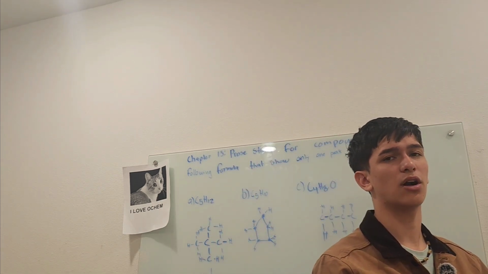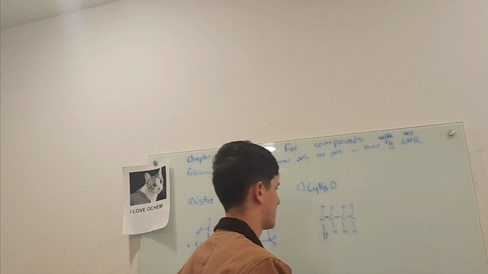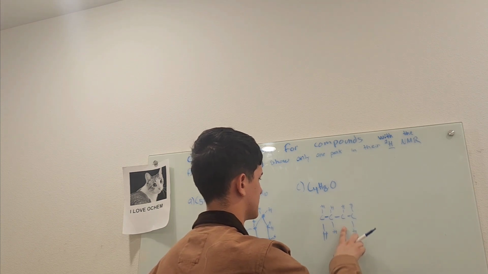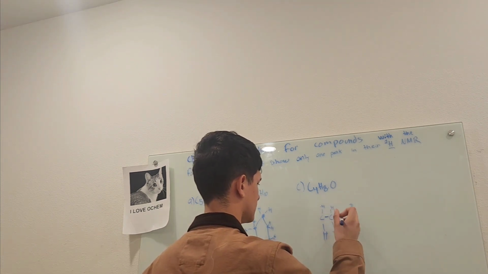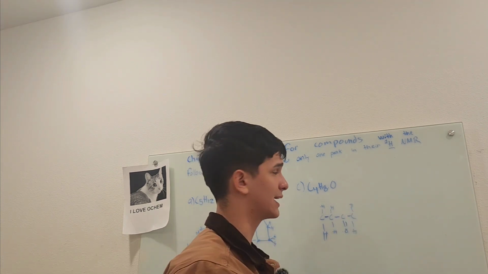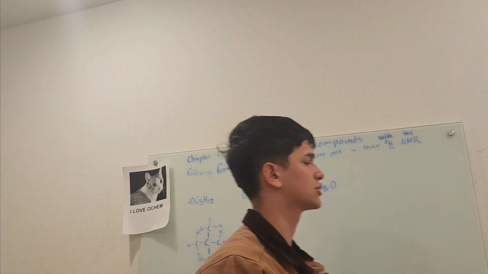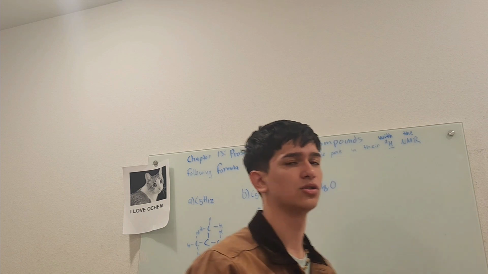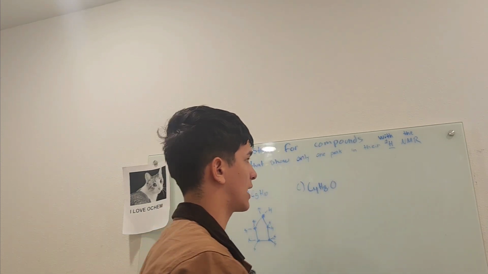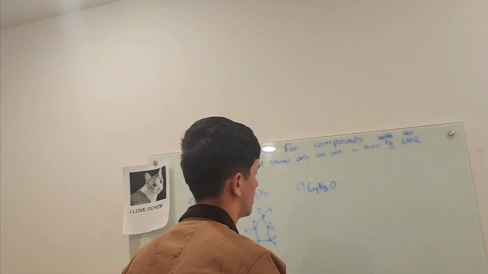So if it's too hard, if we put the oxygen right here, that makes no sense. So these are trial and error, right? If a structure is too hard to draw, we have to think about a cyclic structure.